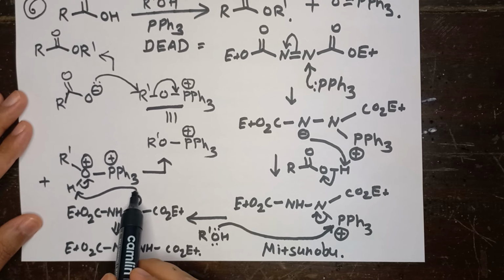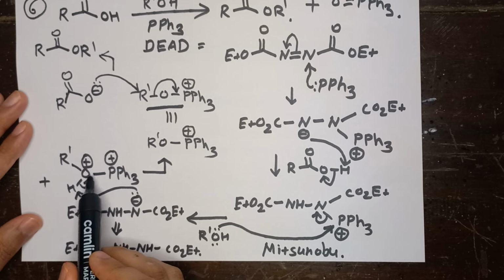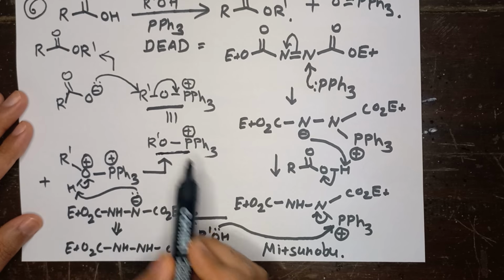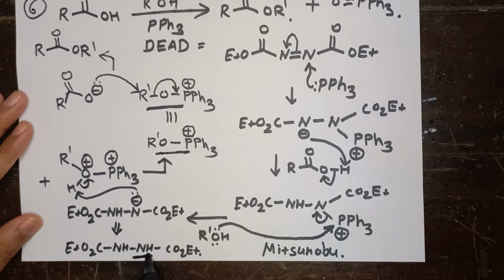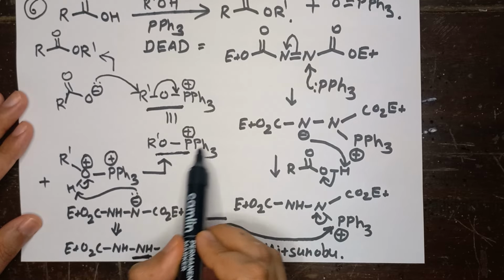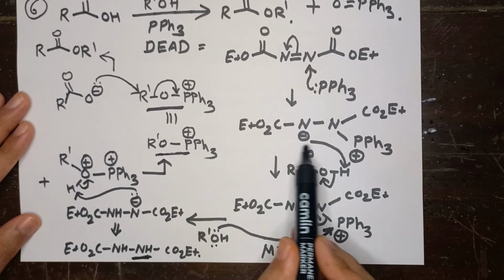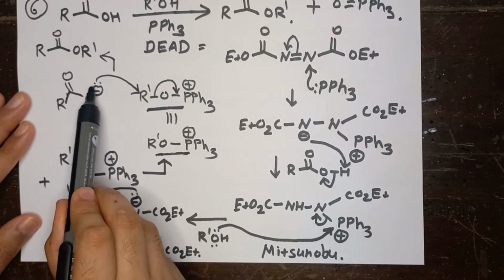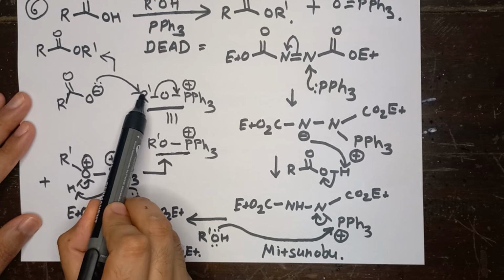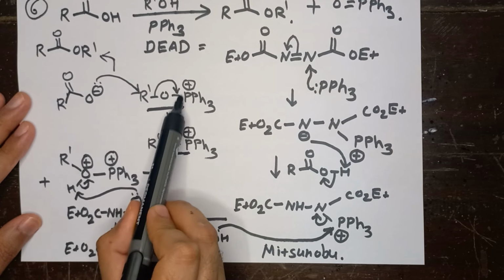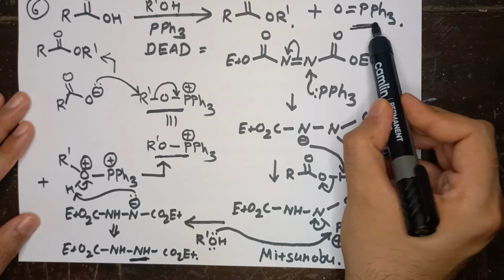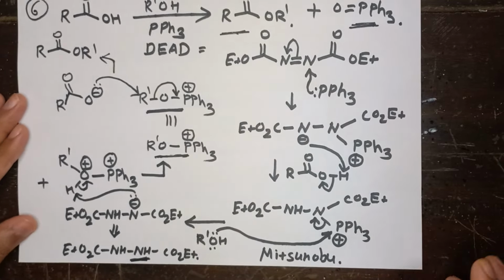And this nitrogen atom will get proton neutralizing oxygen, and you generate this molecule and this corresponding byproduct. Once you have this, you are almost done. You have another carboxylate anion. So this O minus will form a bond with R, and this bond will form a double bond with phosphorus, giving me this as a side product and this as a main product.